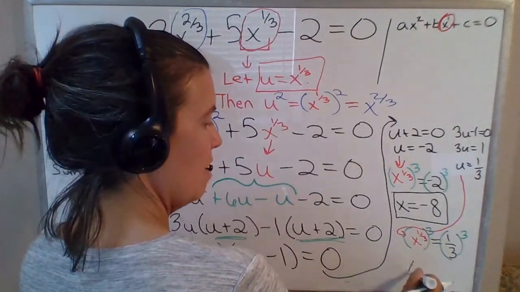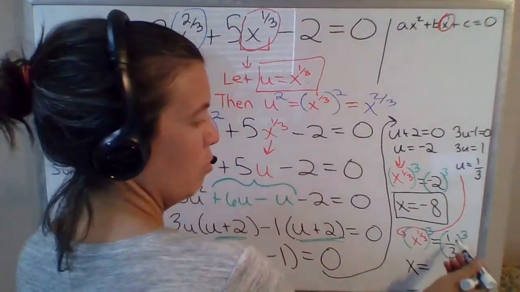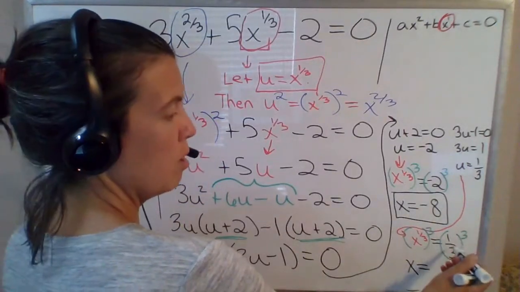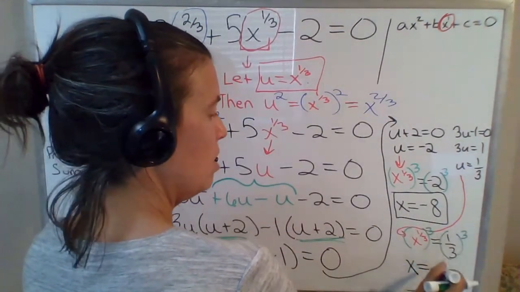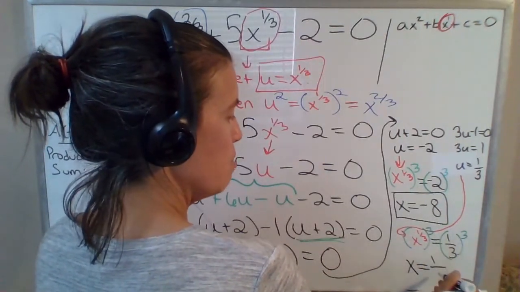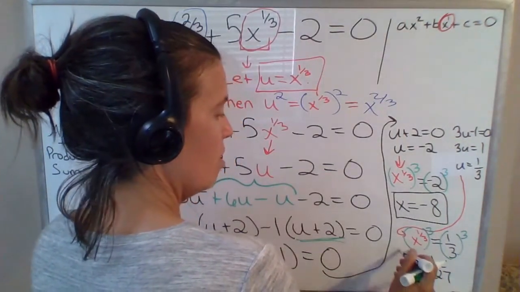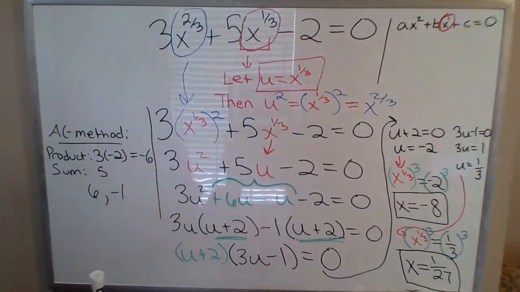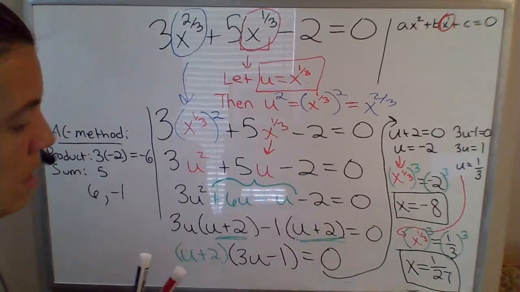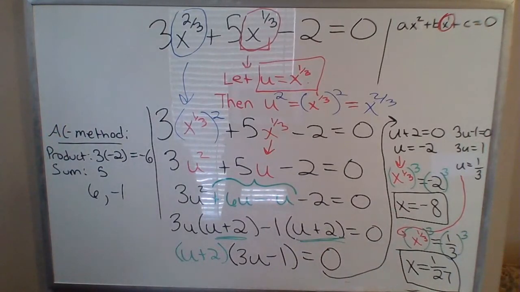So this will give me x to the 1st equals, when you raise a fraction to an exponent, you just raise the top and the bottom to that power. So 1 cubed is 1 over 3 cubed is 27. So the other solution here is 1/27th. Our solution set is negative 8 and 1 over 27.